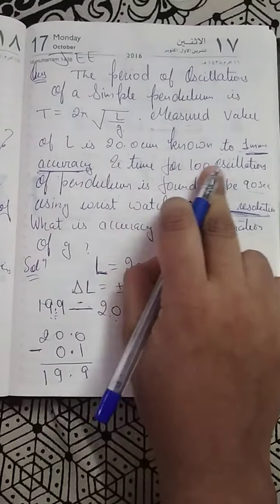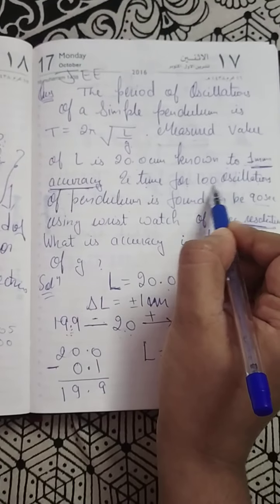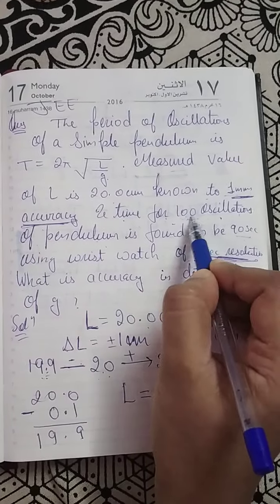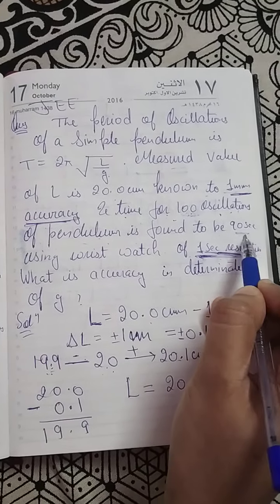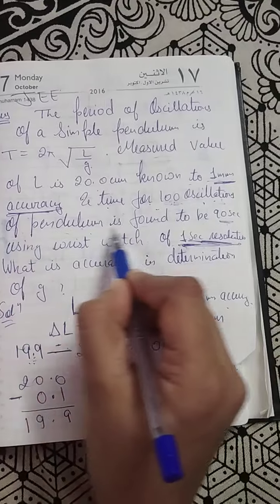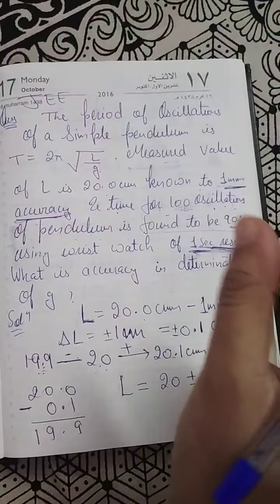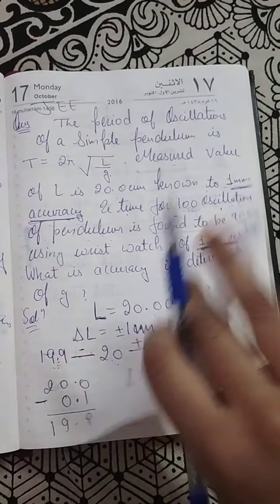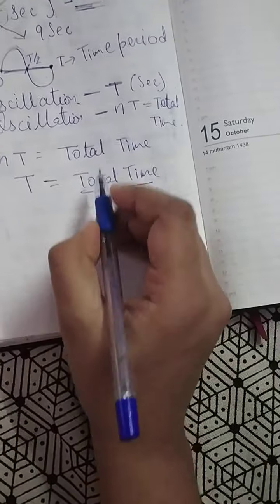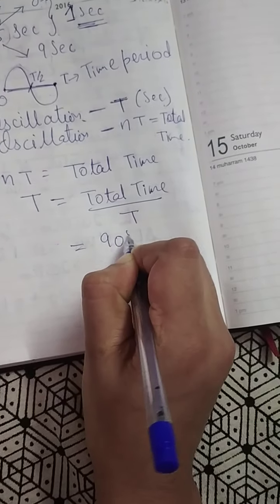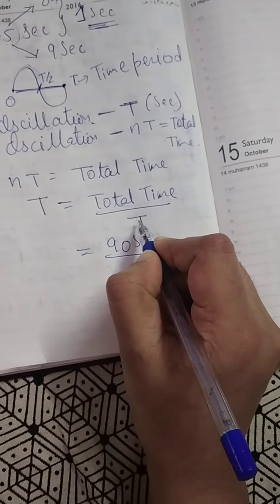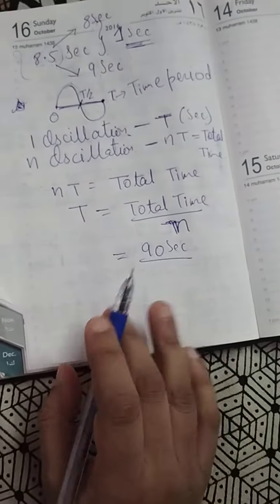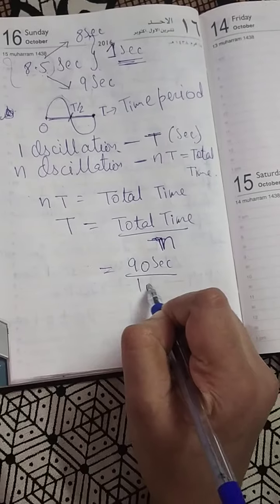The total time is given as the time for 100 oscillations, which means this is n. 100 oscillations of the pendulum is found to be 90 seconds. It means 100 oscillations take 90 seconds. So 90 seconds must be your total time. I have written T over here, it should be n, n in the denominator. I'm sorry for this. It means the total number of oscillations is 100.